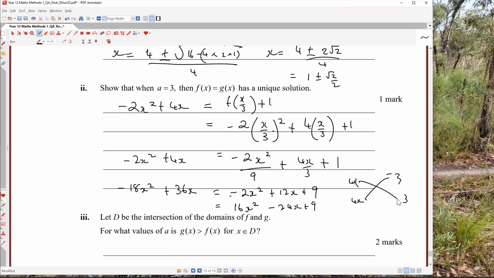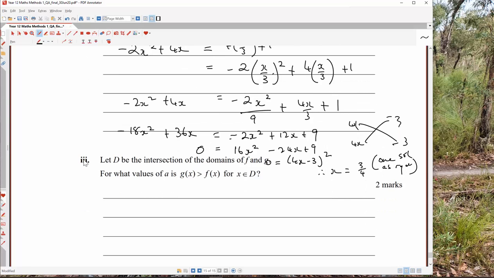That should be 12 and 12. Yes, good. Equals 4x take 3 all squared equals 0. Therefore, x is equal to 3 on 4, which means one solution, as required.